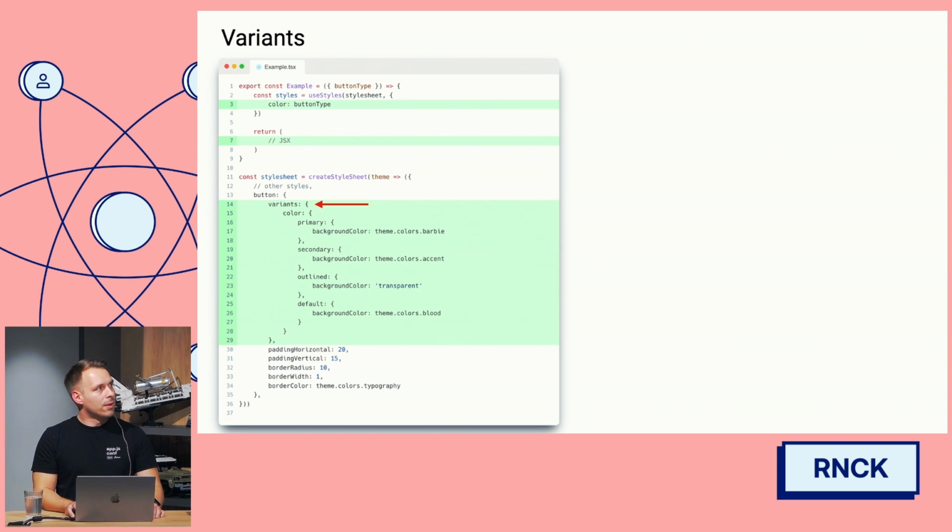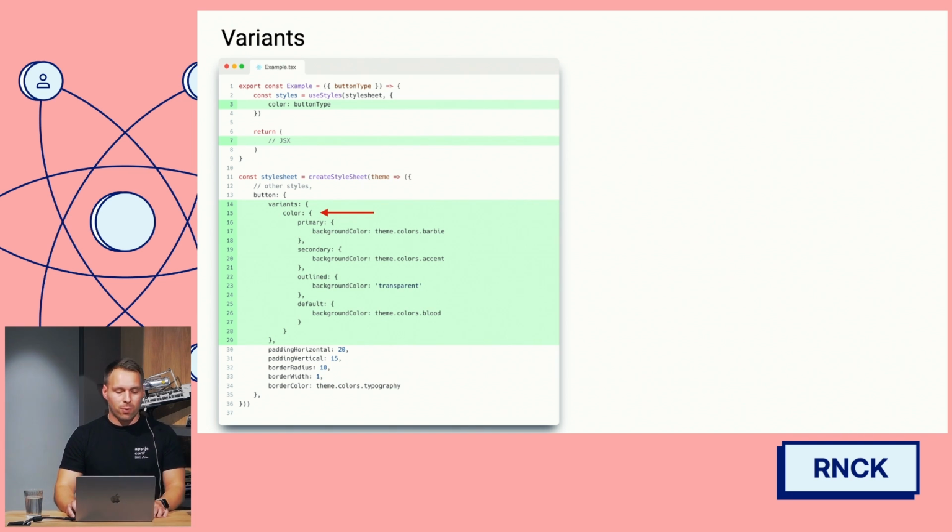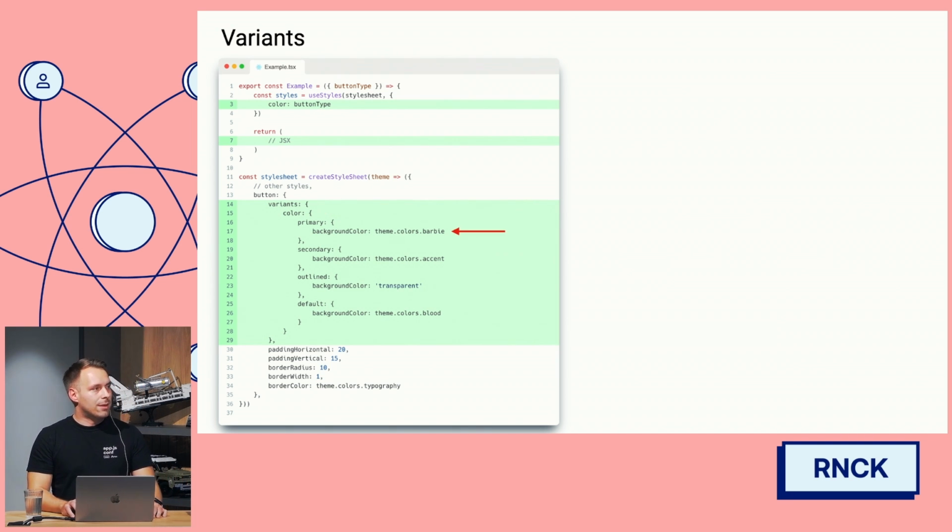What about variants? Each style key can also accept the reserved word variants. Variant accepts a group, for example, color. You may have multiple groups, there is no limit. So for example, here we have color, but you can have another group called size or whatever you want. Inside that, you can declare your variants like primary, secondary, outlined, and so on.